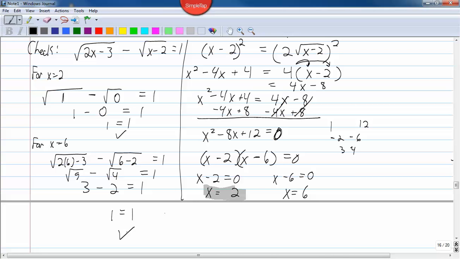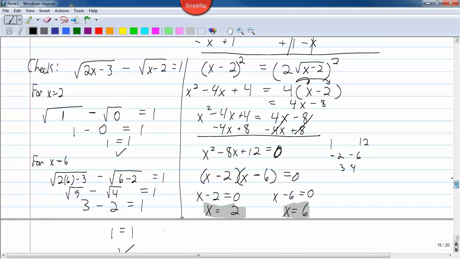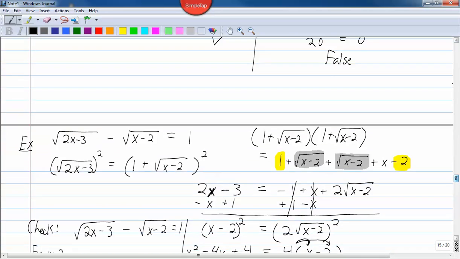It checks out again, so guess what? x equals 6 is also a solution. So on that one, both solutions work out. Now the ones with 2 radicals are a little bit longer.